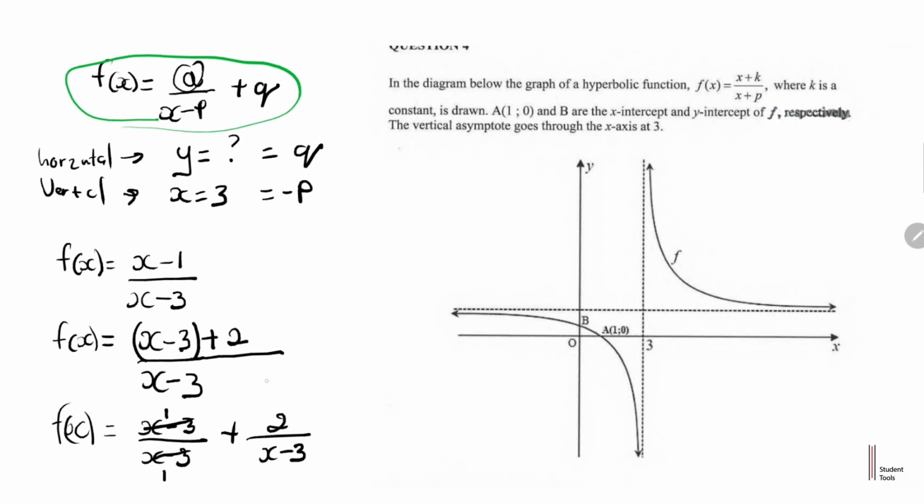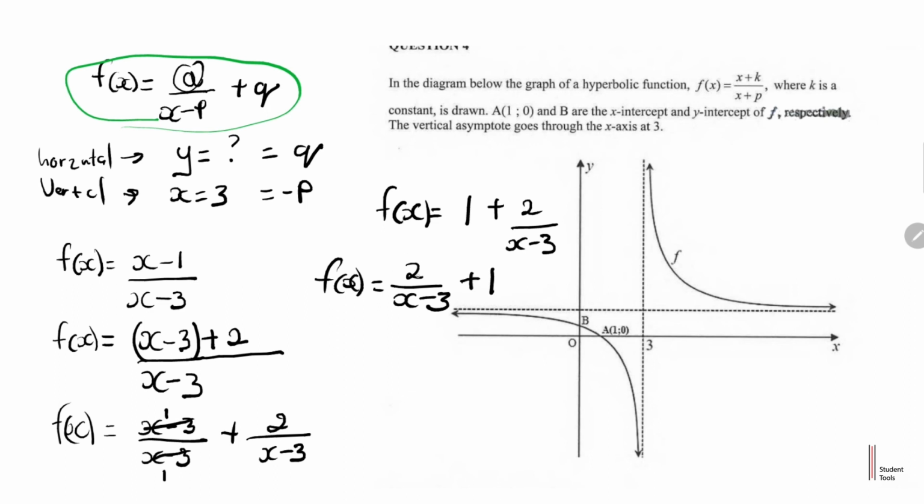So we have f of x equal to 1 plus 2 over x minus 3. We can write it like this if we want it arranged like this. So f of x will be equal to 2 over x minus 3 plus 1.